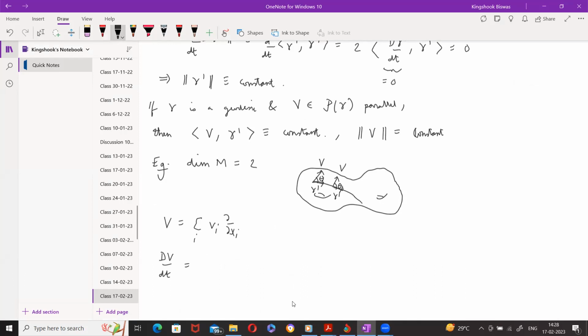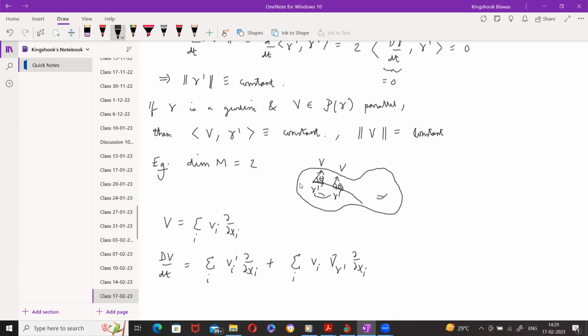By the Leibniz rule for the covariant derivative, this will be the sum over i of vi prime del/del xi, plus the sum over i of vi times capital D/dt of del/del xi. So del/del xi is a vector field on a neighborhood of the curve, restricted to the curve. So this will be nabla gamma prime of del/del xi.